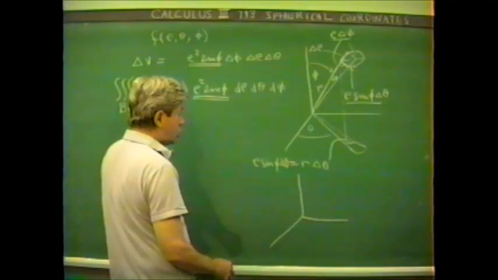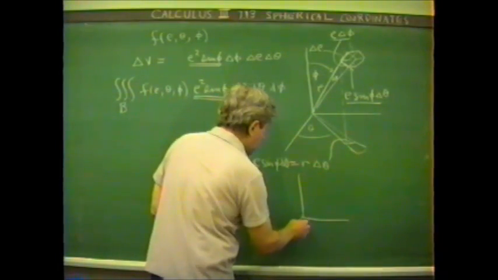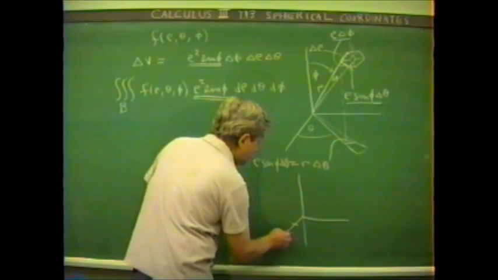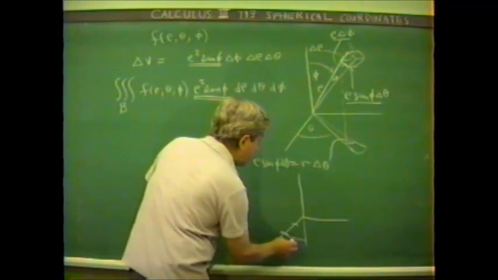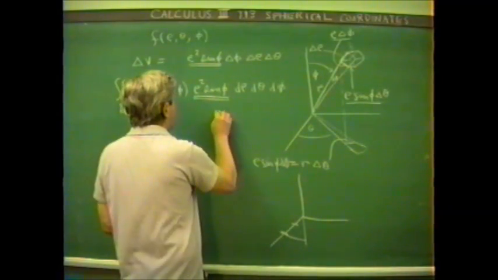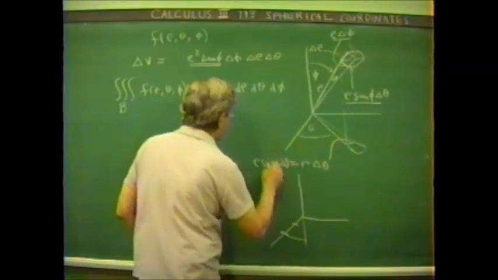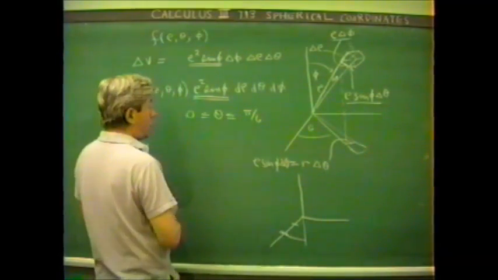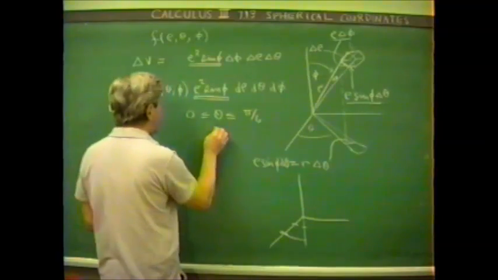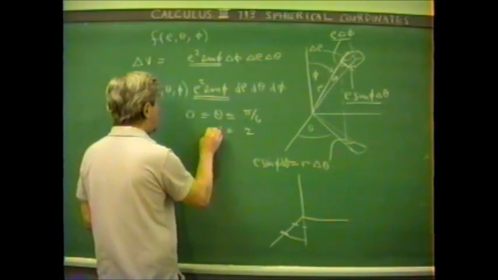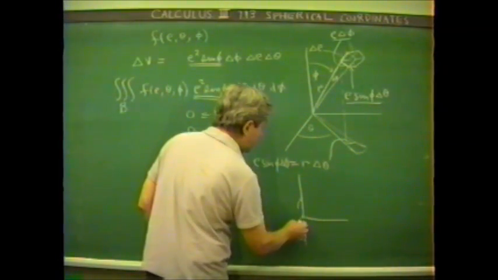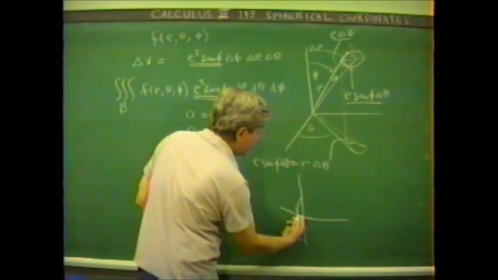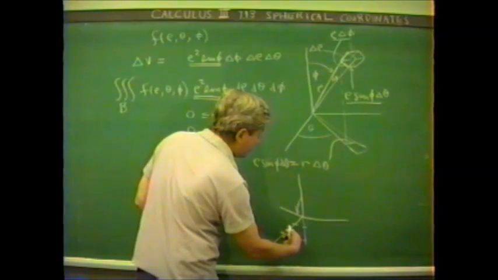Let's suppose that we let rho go between 0 and 2, and theta go between 0 and pi over 6. And let's suppose we let phi go between, here's phi, from 45 degrees all the way down to 90 degrees.